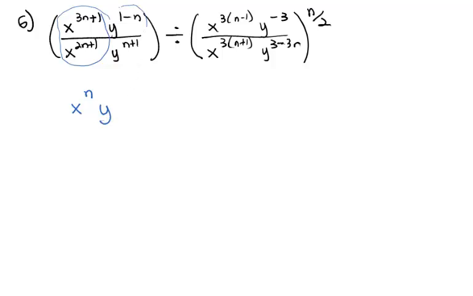For the y's, let's actually do it in a different color. For the y's, we're going to subtract those exponents. For the n's, we have negative n minus n is negative 2n. 1 minus 1 is 0.